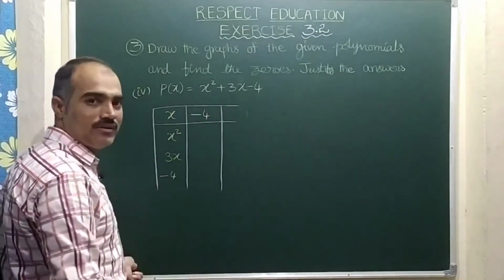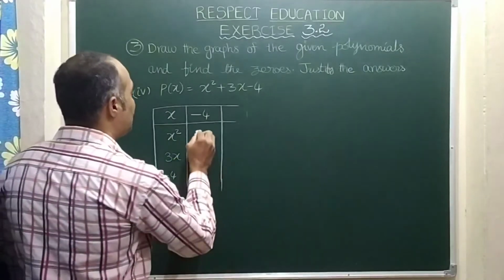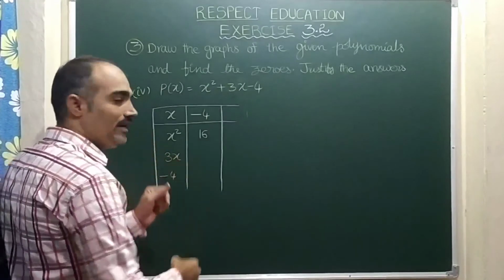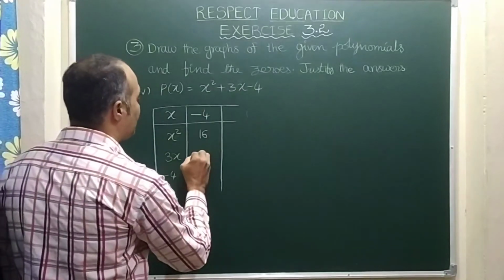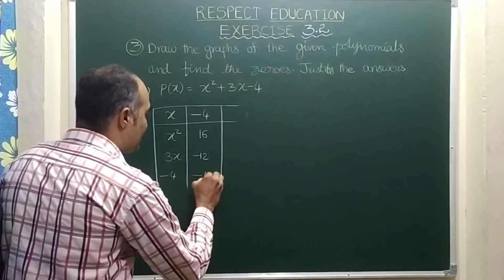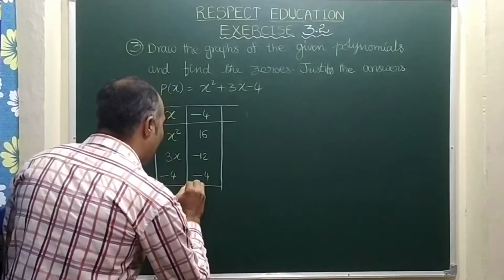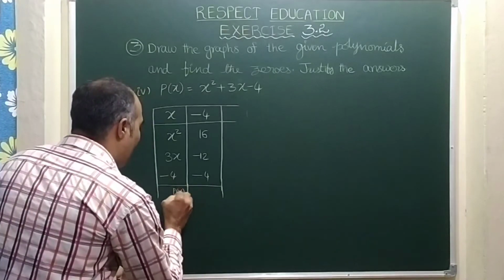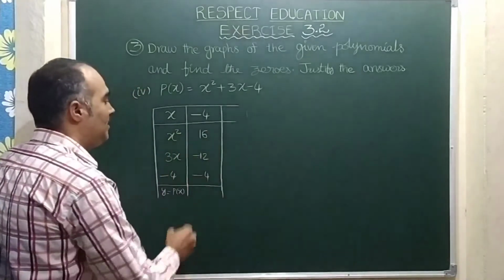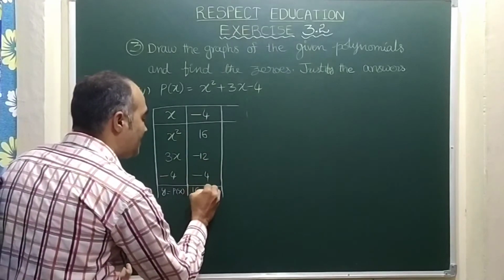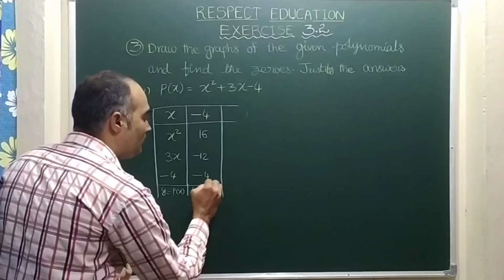Minus 4 whole square is 16. Next 3 into x means 3 into minus 4, this is minus 12. Minus 4 is a constant, writing as it is. Now let us add them and take it as P(x), I am taking it as y. So 16 minus 12 minus 4 is minus 16. 16 minus 16 is 0.